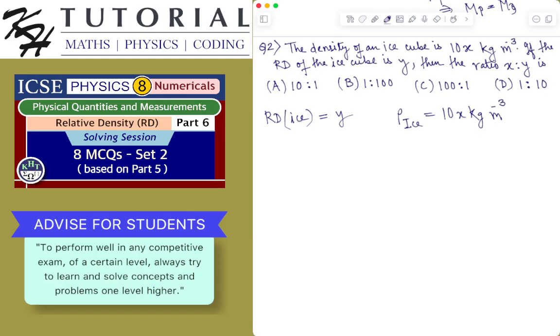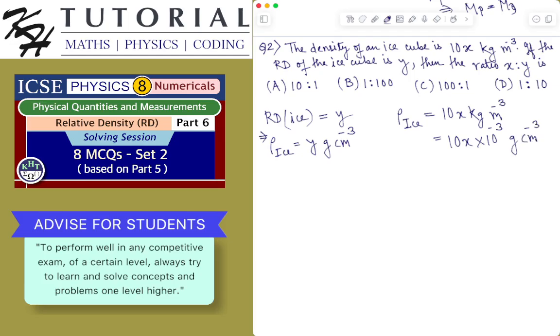So if the relative density of the ice is y, I can say that the density of ice will be equal to y gram per centimeter cube. In the problem, the density is already given in kilogram per meter cube. If I convert the given density to the CGS system, this will be 10x multiplied by 10 to the power minus 3 gram per centimeter cube.